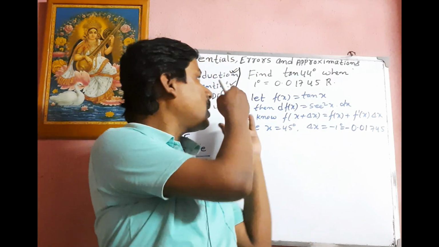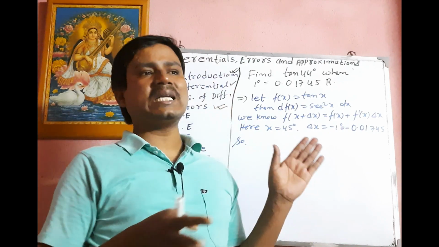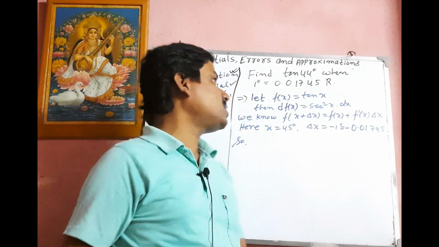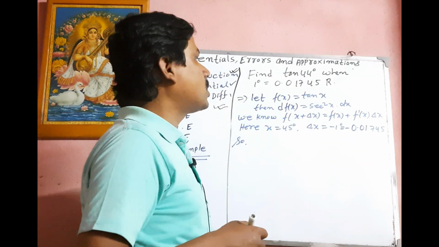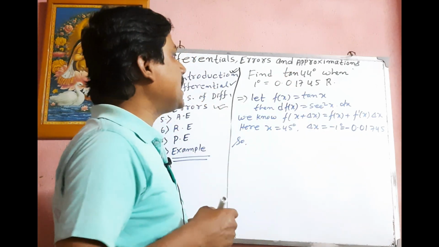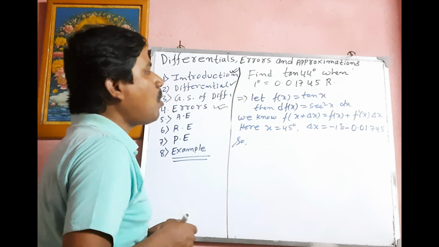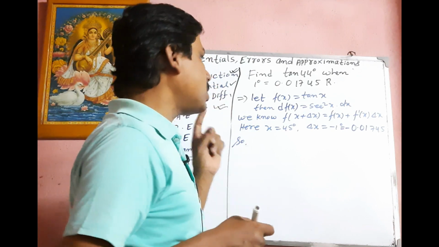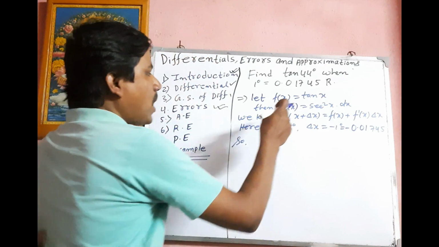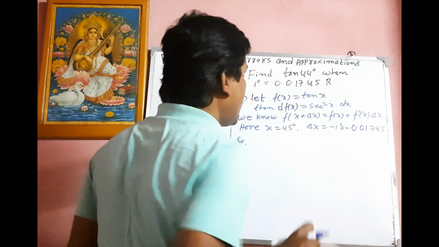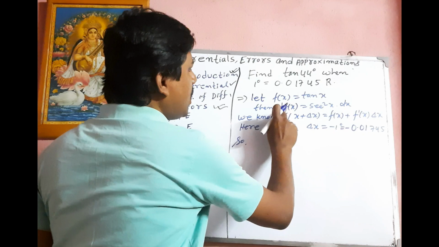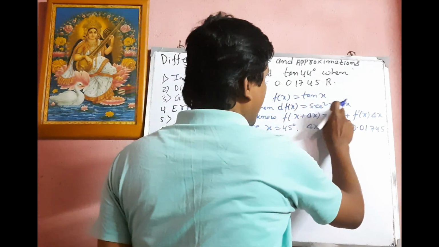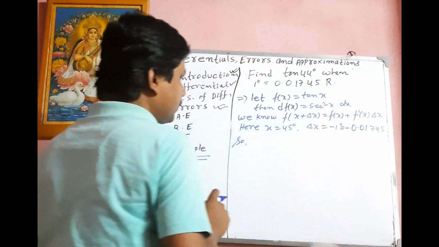Okay, we move to the next example, that is the last example of the day. Now the last example of the day is to find tan 44 degrees, when 1 degree is equal to 0.0174 radian. Let f(x) is equal to tan x, then d of f(x), the derivative of tan, is equal to sec square x into dx.